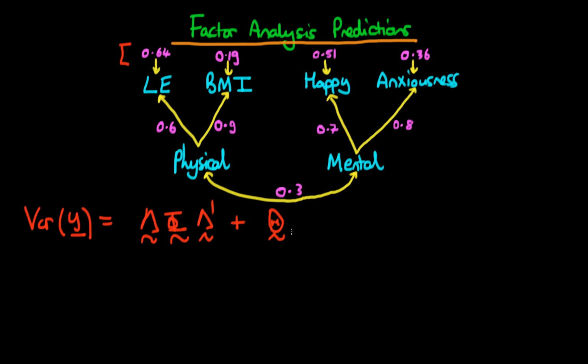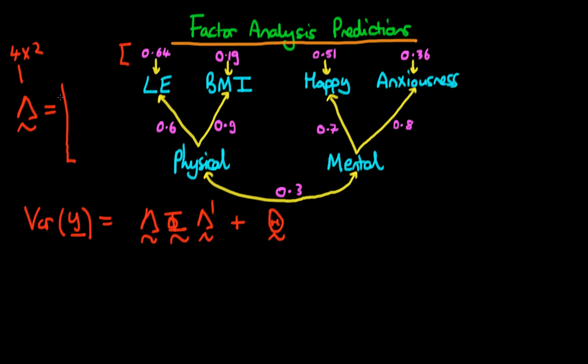Okay, so first of all, how can we construct lambda, our weight matrix for how much the given factors load on the indicators? Well, because we've got four indicators, four observed variables, and we've got two underlying factors, lambda here is quite simply going to be a 4×2 matrix.